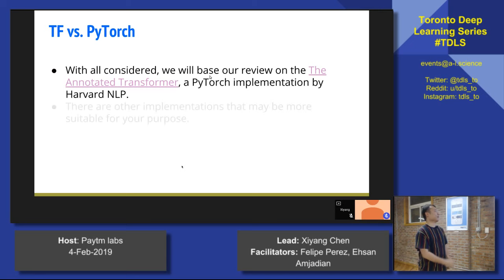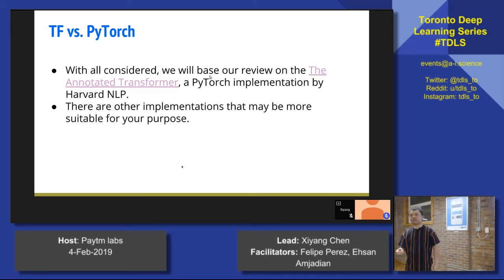But by no means is this the only option; there's got to be a version that's good for you. For now, please just bear with this implementation. There's something I like about it, and something I don't like. I think sometimes the annotated transformer overuses abstraction, which kind of obscures the understanding. This one is done by Harvard NLP, the annotated transformer.